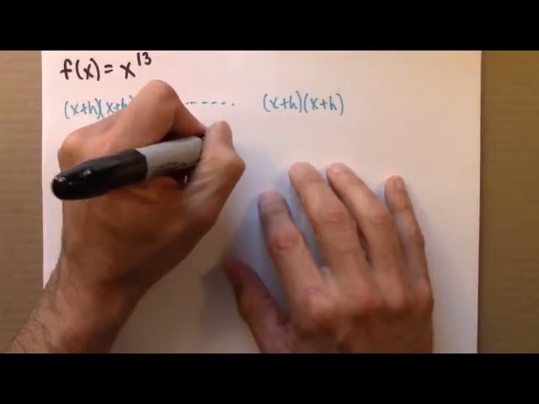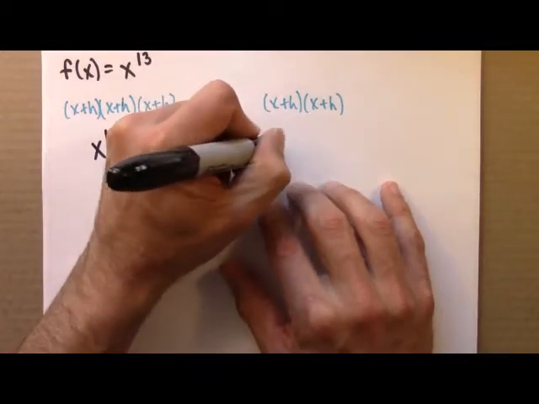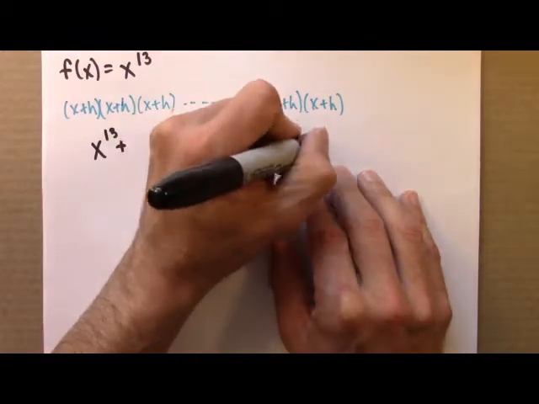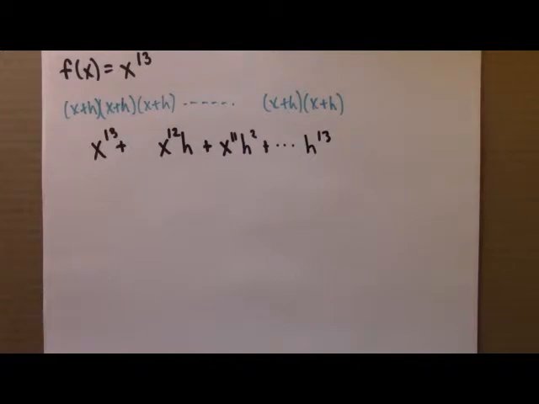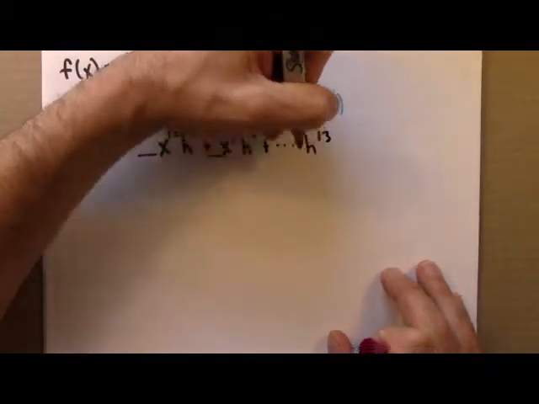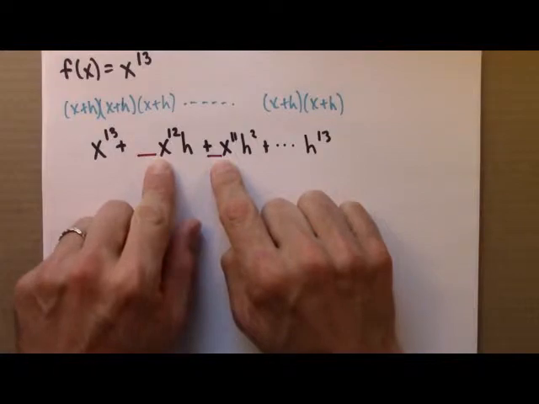And then I'm going to have x to the 11th times h squared, and so on, all the way down to h to the 13th. And there are numbers in front of these terms, and we want to think about what these numbers are.